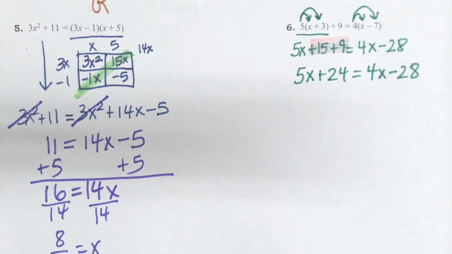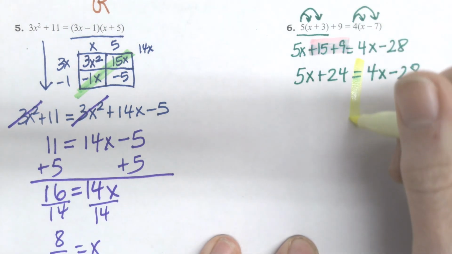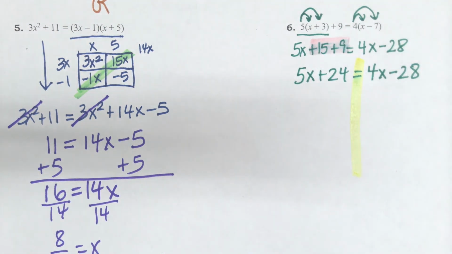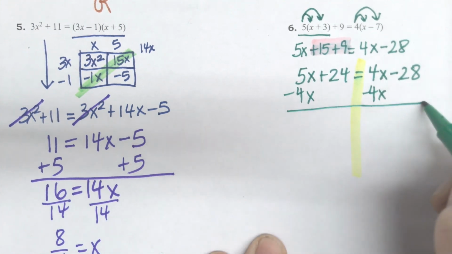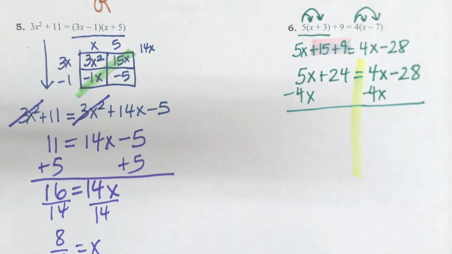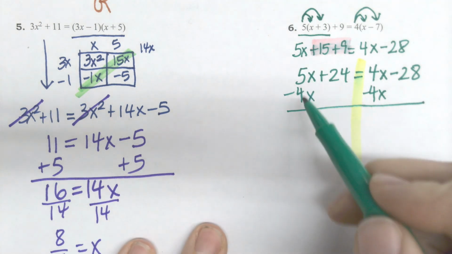And now I need to solve. Again, I've got variables on both sides. I'll get rid of the smaller one first, so I'm going to subtract the 4x. Again, subtracting the smaller one isn't always going to be the best option, but a lot of times it is, and in this case it is.